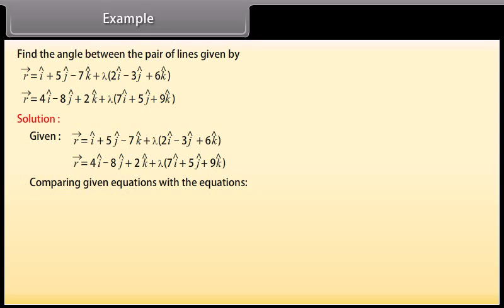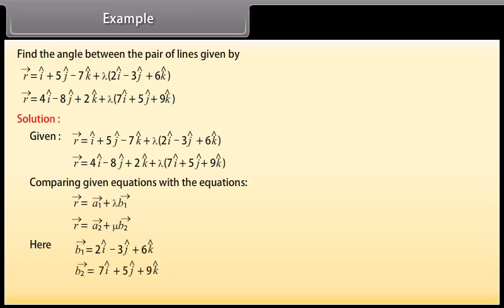Comparing the given equations with vector r equals vector a1 plus lambda vector b1 and vector r equals vector a2 plus mu vector b2, here vector b1 equals 2 î minus 3 ĵ plus 6 k̂, and vector b2 is equal to 7 î plus 5 ĵ plus 9 k̂.